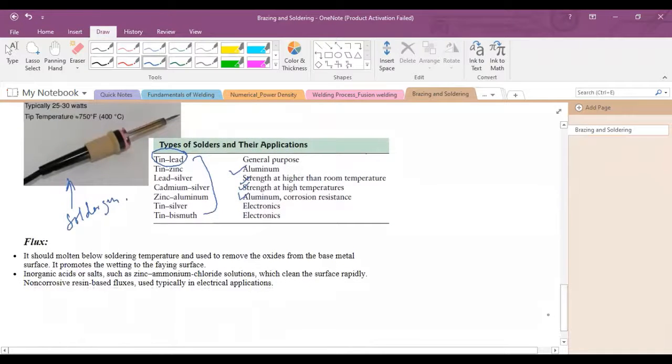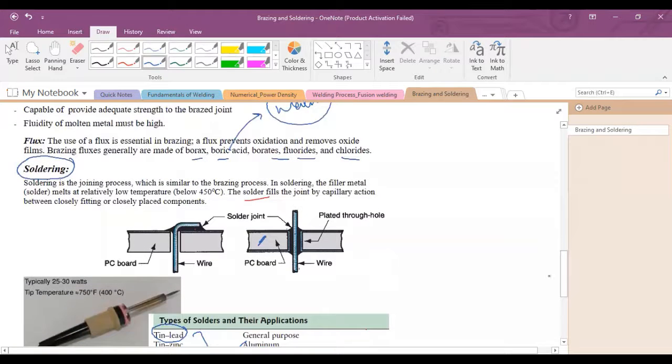Flux is also used in the soldering process, and flux is inorganic acids or salts. One commonly used compound is zinc ammonium chloride solution. In this solution, a little quantity of water is also added, which is used to clean the surface of the base metal.